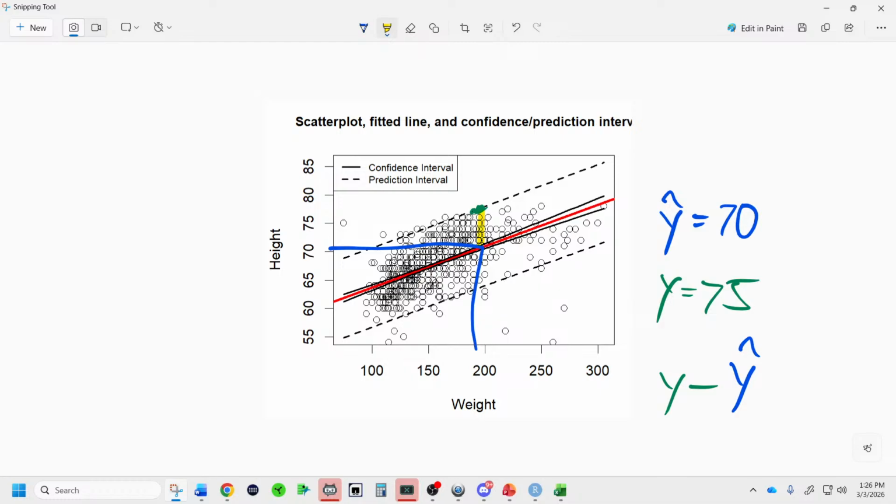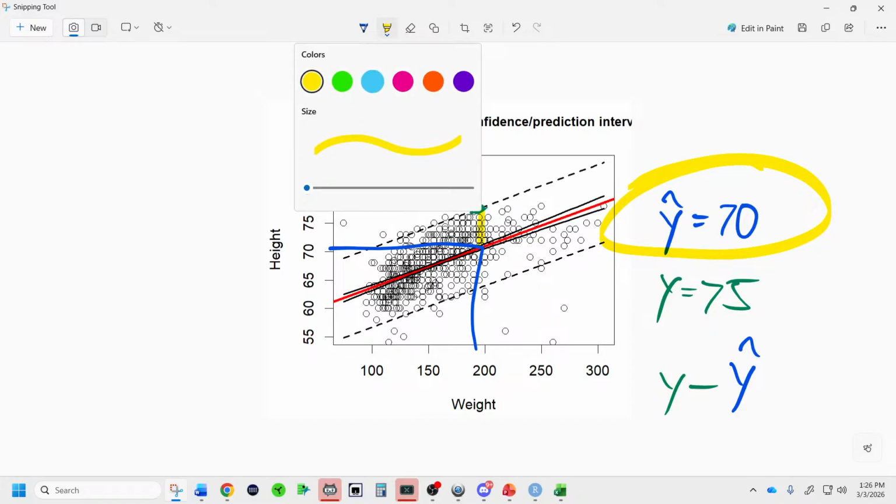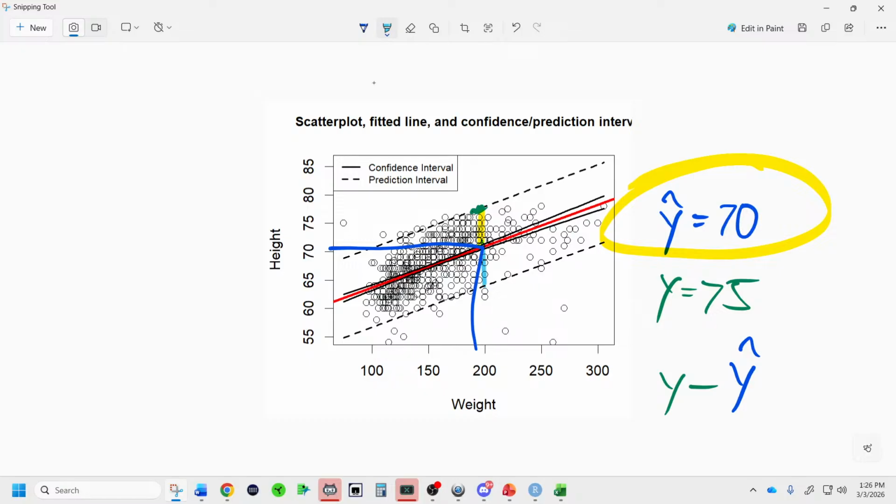Exactly. So I'm 5. Now, if someone had a -5 residual, like let's say my friend, well, where would they be at? There could be a second person here, person 2, and they have a -5 residual. That's actually too far, but they should be there-ish.